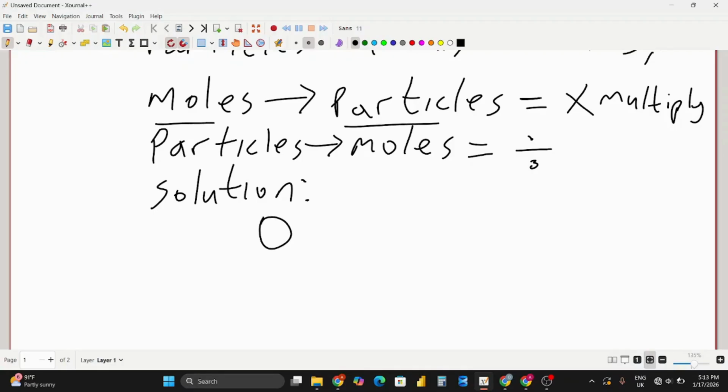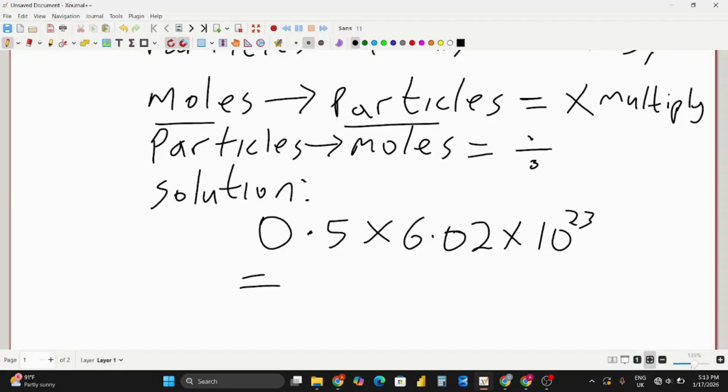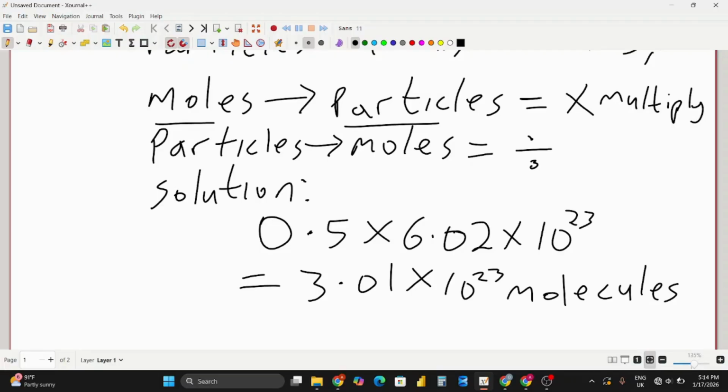So it will be 0.5 times 6.02 times 10 raised to the power 23, and our answer will be 3.01 times 10 raised to the power 23 molecules. Now we are going with molecules because our carbon dioxide is a compound. So compounds to molecules, elements to atoms.